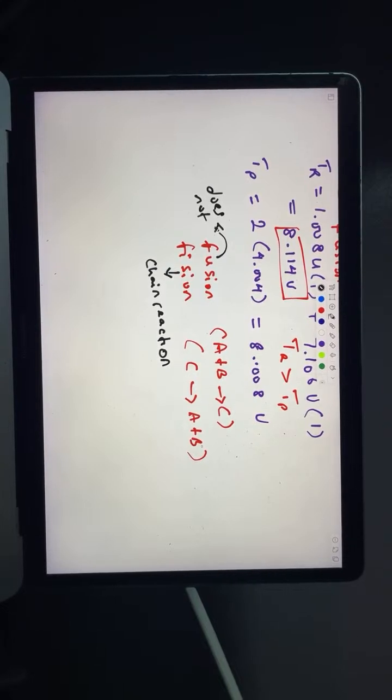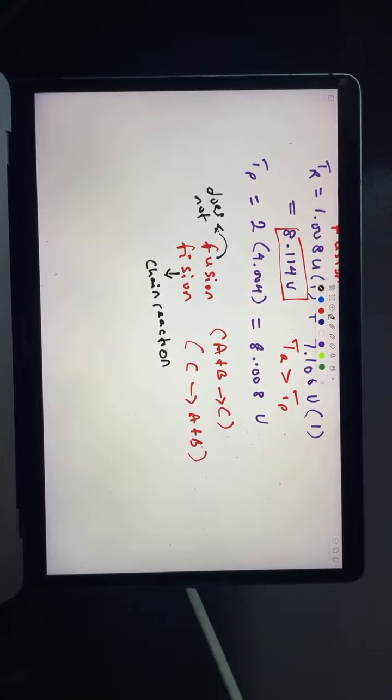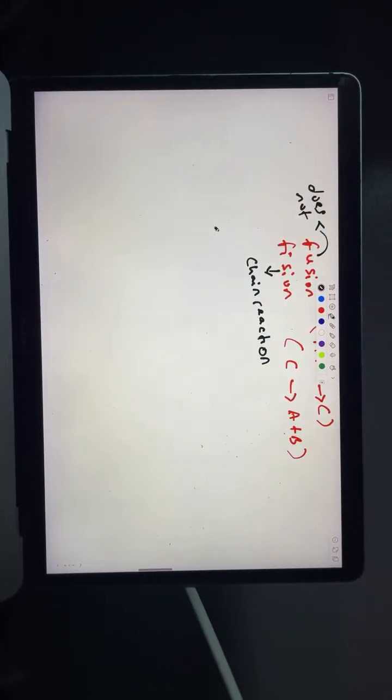Number 6. Okay, this one is very, very simple. It's just like what we have been doing so far. So let's find that. For cobalt, that's question number 6, we have cobalt, which is 59 27.